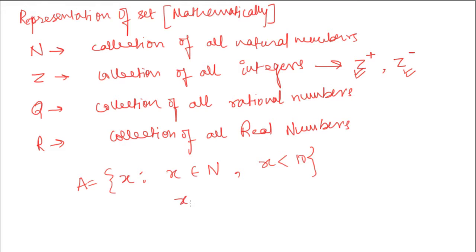If it is written x belongs to R or x belongs to Q, we need to understand this. N represents the collection of all natural numbers, R the collection of all real numbers, Q the collection of all rational numbers. If R plus is written, it is the collection of all positive real numbers, R minus the collection of all negative real numbers. Similarly, the plus or minus sign denotes positive or negative numbers.